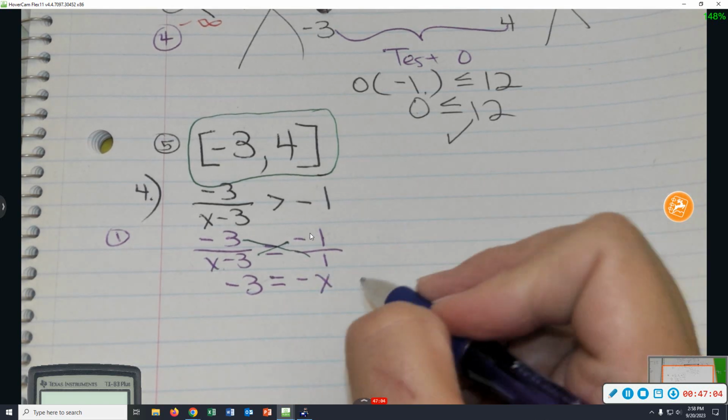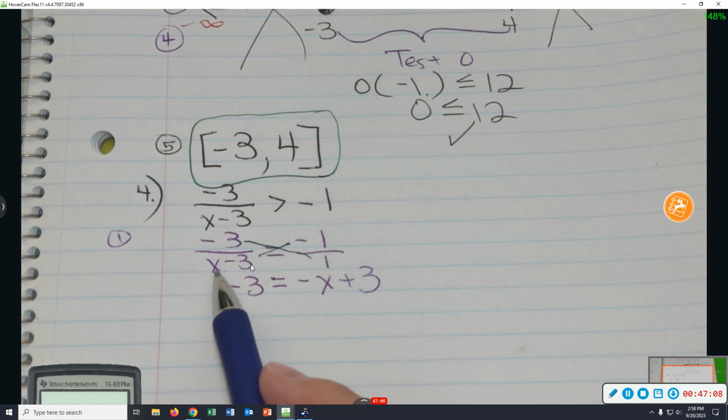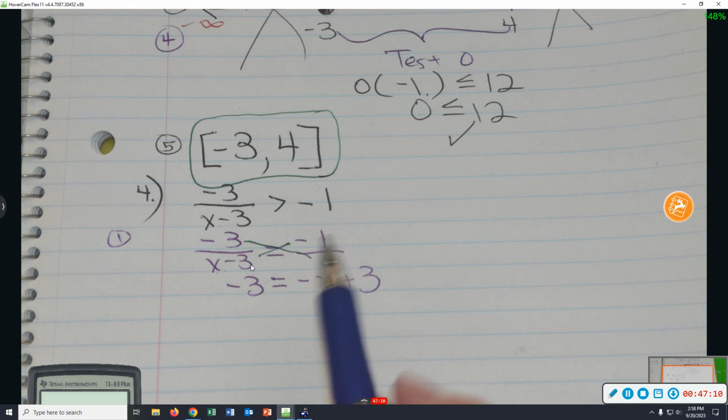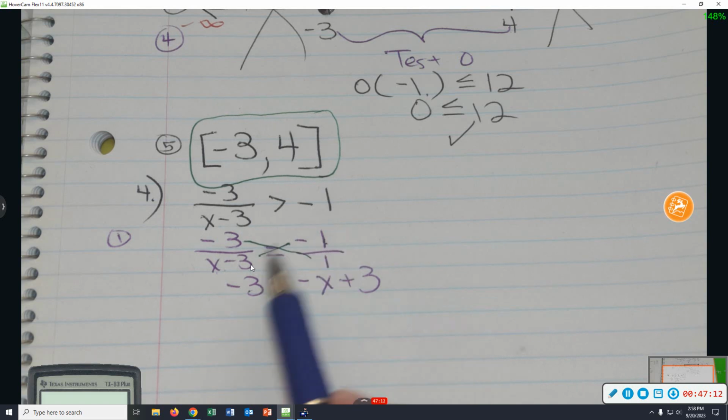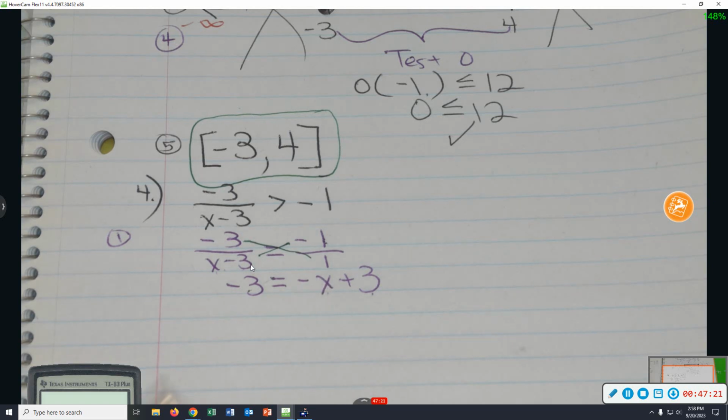-1x plus 3. -1 times x gave me that -1x. -1 times -3 gave me a +3. Any questions there? If we're trying to solve for x, am I going to have to factor? There's not any x squares.